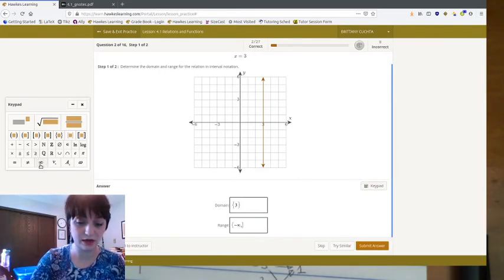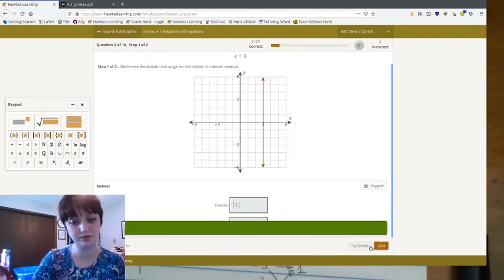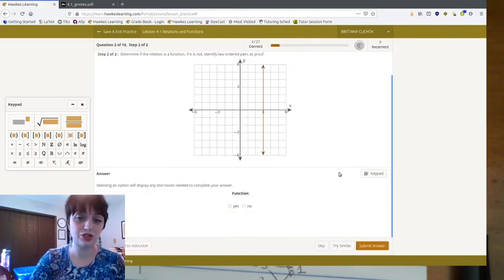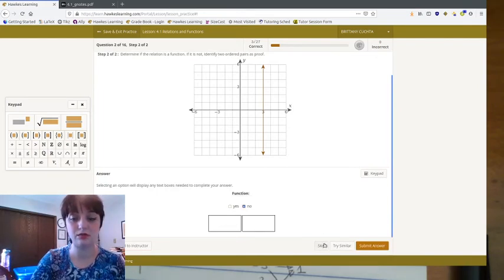So that's what I have to enter. And since infinity is not a number, we never include it. So submit answer. The last question is, of course, is it a function? Yes, no. This is a vertical line, so obviously it's not a function. You can pick any 2 points you want.